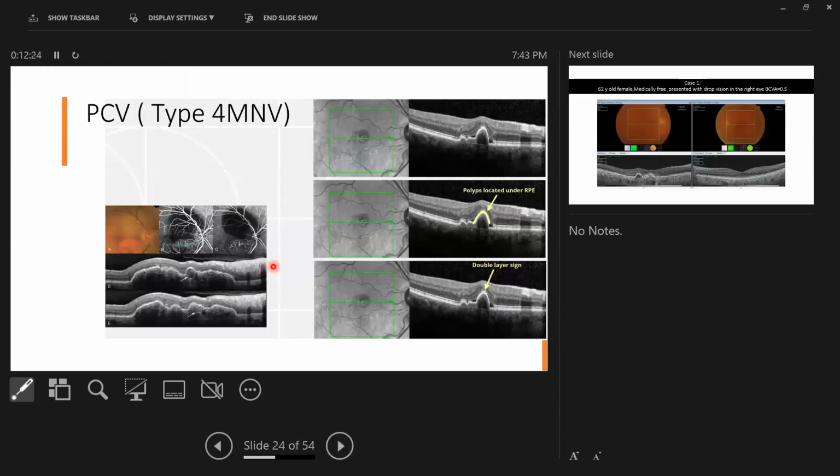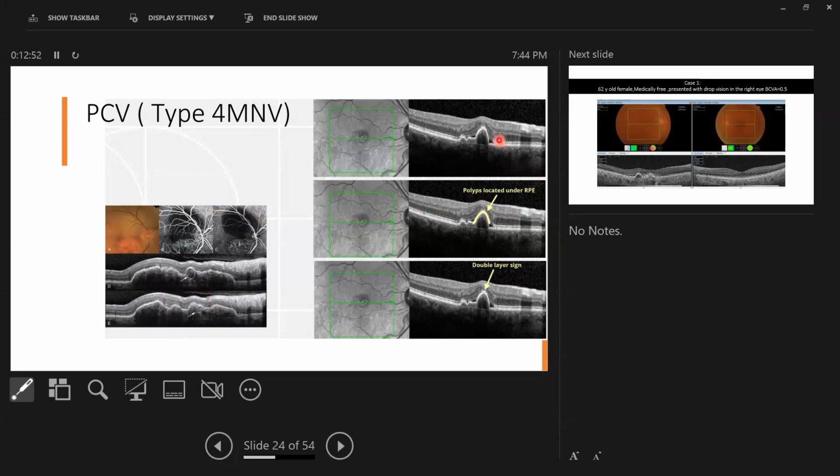Okay, now we'll come to another type of macular neovascularization. It's called polypoidal choroidal vasculopathy. And now in some references, they consider polypoidal choroidal vasculopathy as a type 4 MNV. It's actually an aneurysmal type of type 1 MNV. It is also sub-RPE type, and sometimes mistaken for wet AMD.